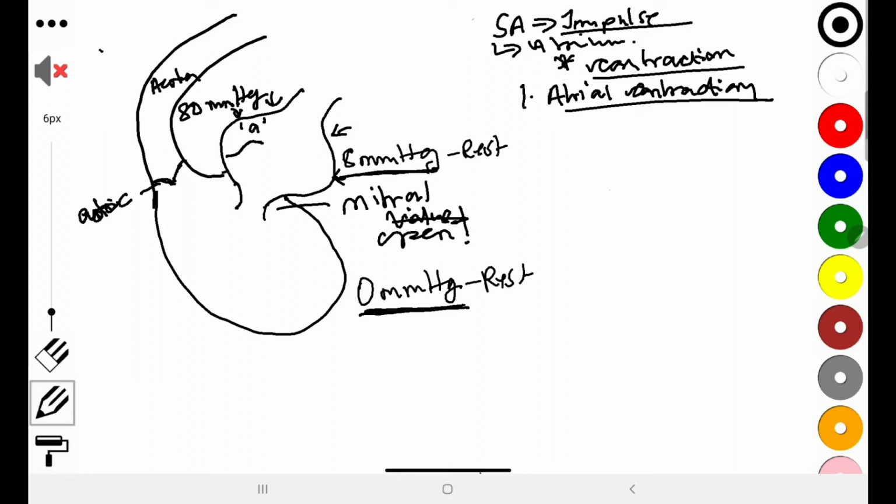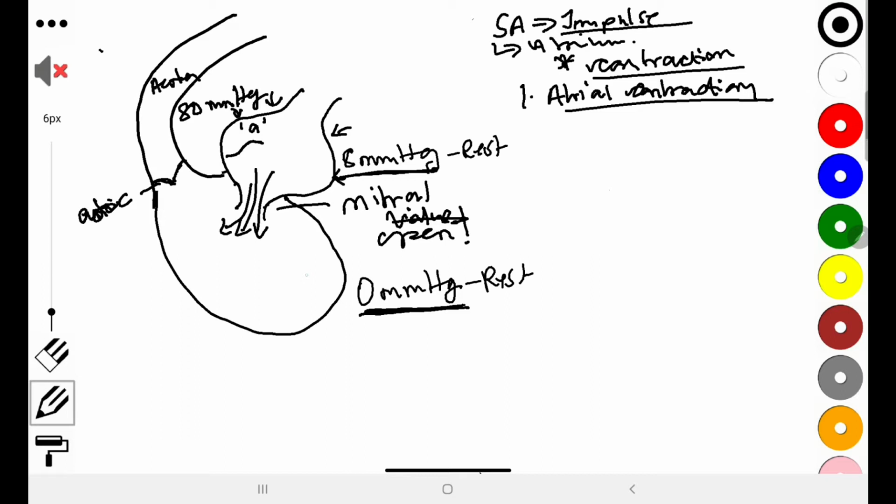We go back to the principles that we just learned. Because the mitral valve is open, the blood in the atrium is going to flow into the ventricle. So there will be atrial flow into the ventricle.